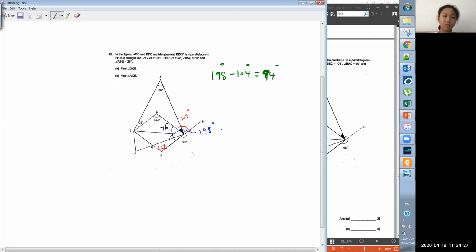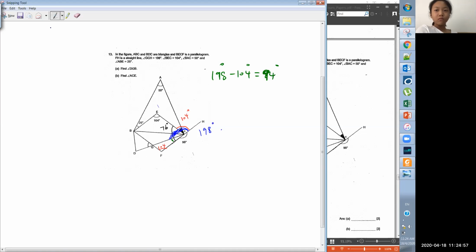Ah, okay. So that means you can find out what is this already. Because this blue one is 198, right? Okay. Sorry. The blue one is 198. Okay.